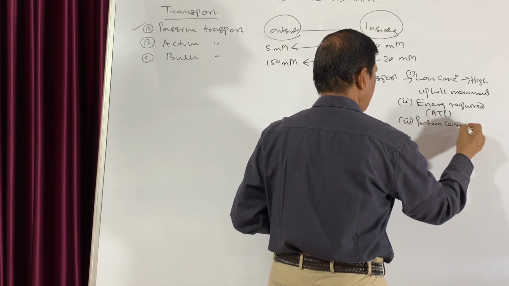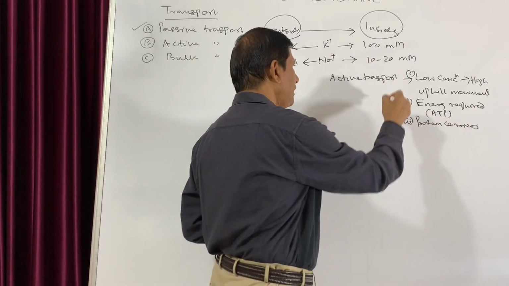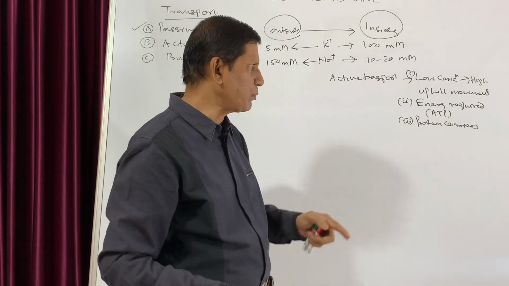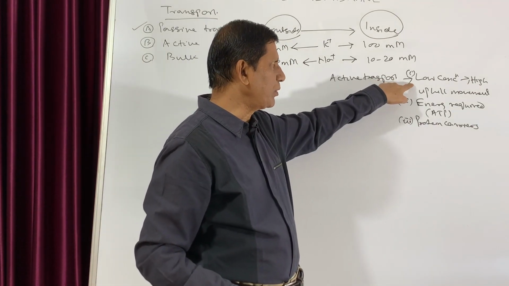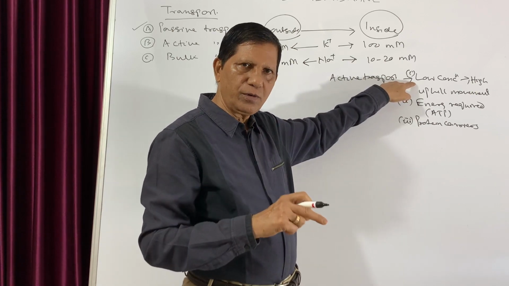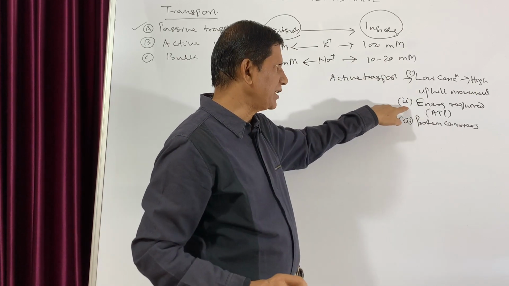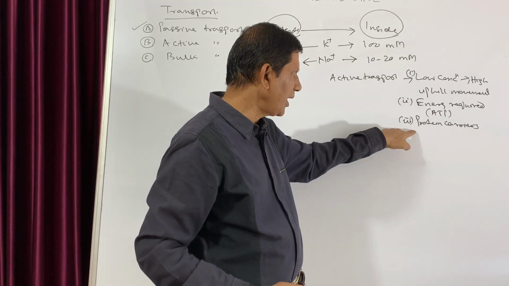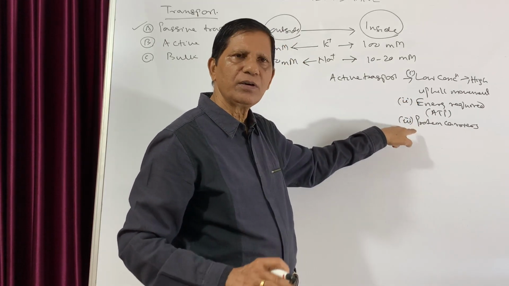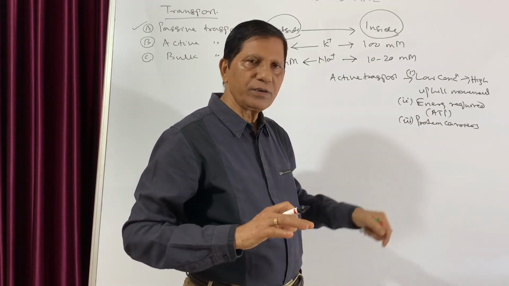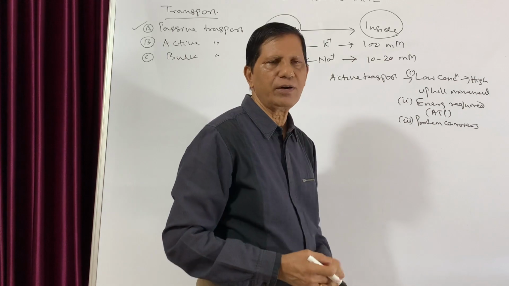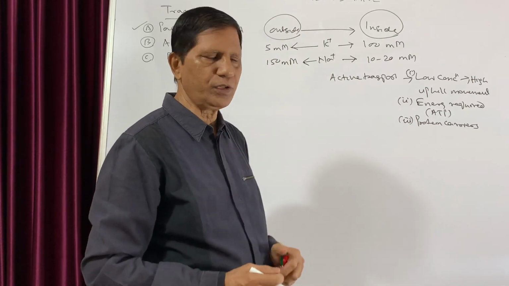These are the three things required, which are just the opposite of passive transport. In passive transport, it is from high to low, but here it is low to high. In passive transport, energy was not required, but here energy is required. And passive transport doesn't require any carriers, but here carriers are required. This is the difference between the two.